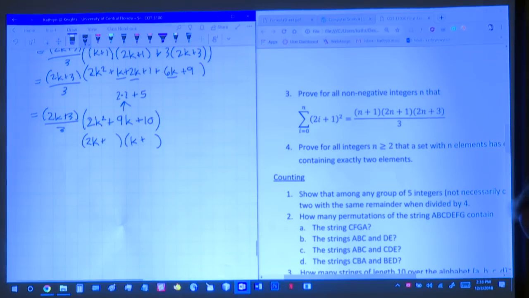So we would think that the 2k would get multiplied by this 2, and then the k would get multiplied by the 5, and then 2 times 5 equals 10.